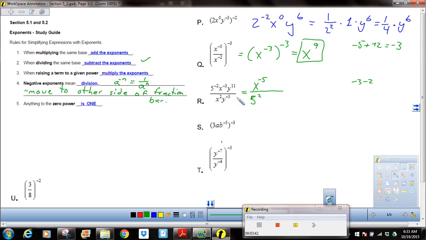And then this is dividing the same base, so I'm going to subtract the exponents. 11 minus negative 5 is 16. This has a negative exponent, so it will move to the bottom and become positive. I'm going to go ahead and evaluate 5 to the second. It's 25.